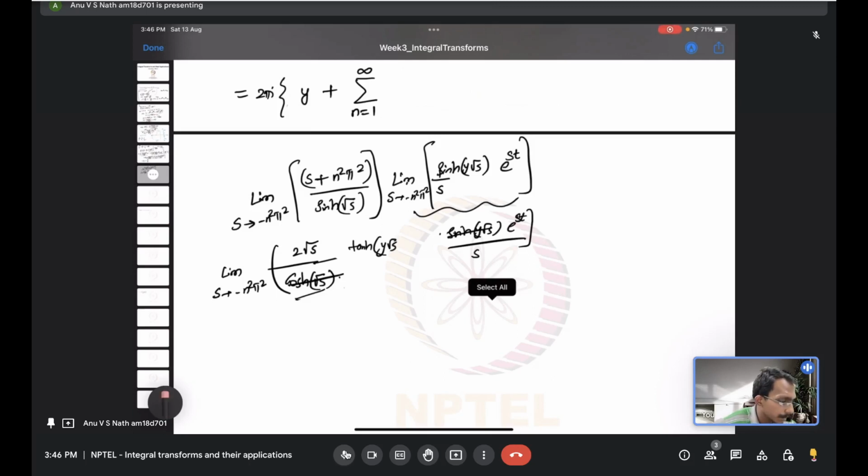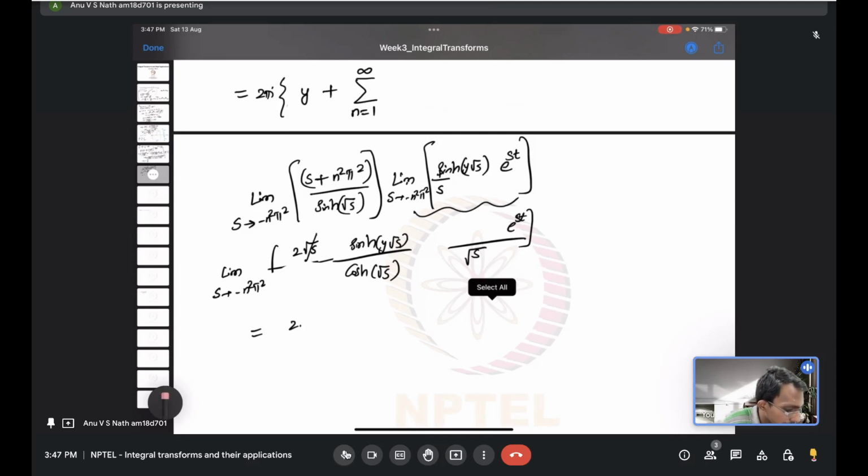Okay, so that's a mistake I made there. There's a y setting for the sinh that I didn't notice. So sinh y root s is there, but cosh doesn't have y, so it's just cosh root s. But one of the root s we can cancel from the denominator and we can write like this. So we now apply the limit s equal to minus n square pi square.